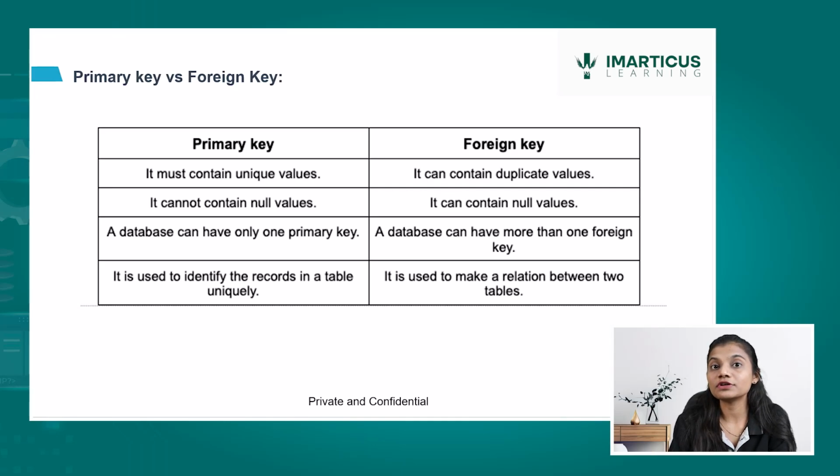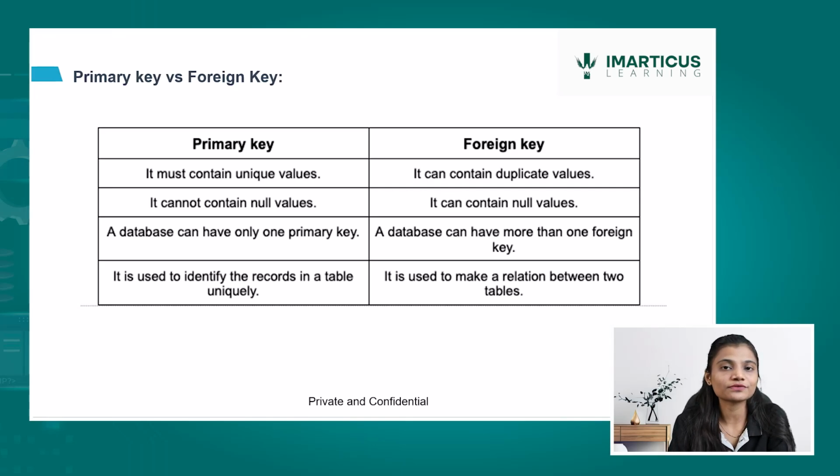In the further part, we will be creating more tables and more references, and I will definitely show you that a foreign key can contain duplicate entries. Also, a primary key cannot contain a null value, but a foreign key can contain a null value.